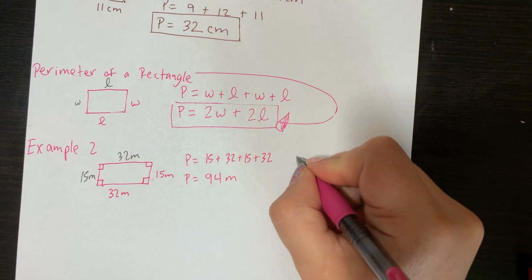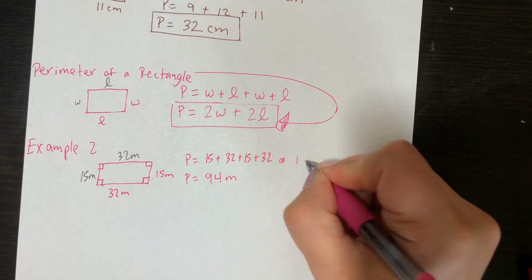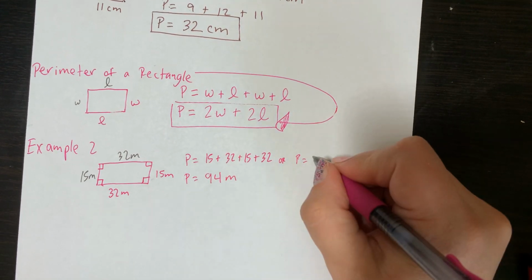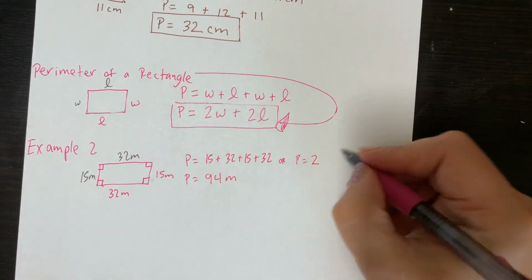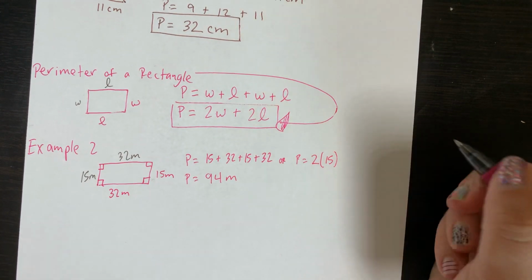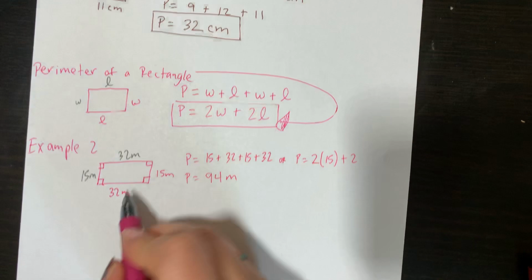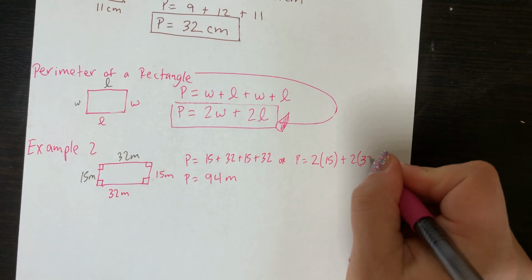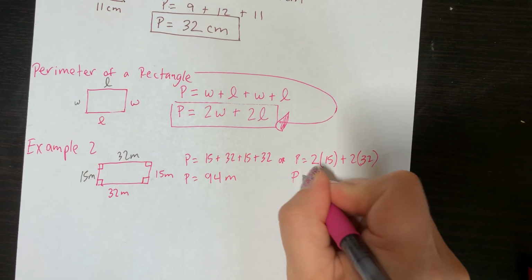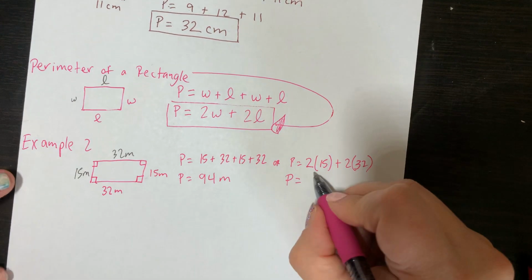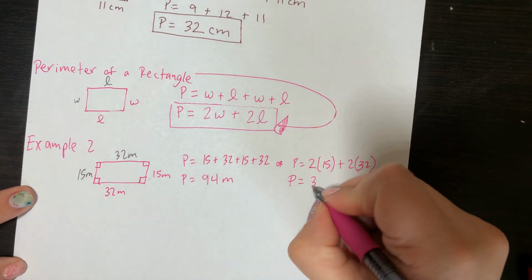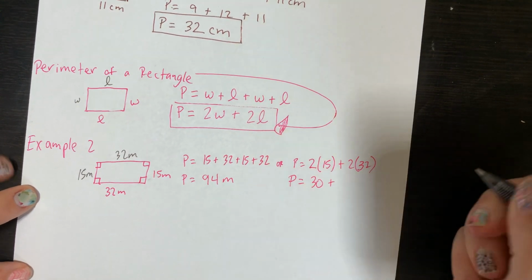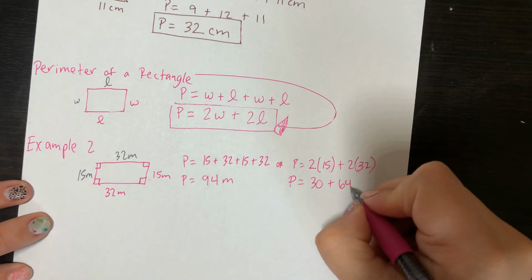Okay. Or we could do 2 times my width plus 2 times my length and solve those problems. So 2 times 15, 30. 2 times 32 is 64.